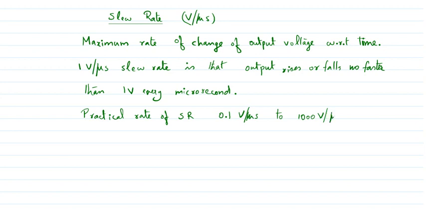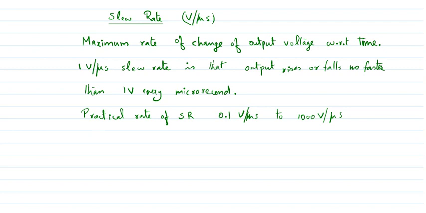Ideally we would need an infinite slew rate so that the op-amp output voltage would change simultaneously with the input, but that is not possible.